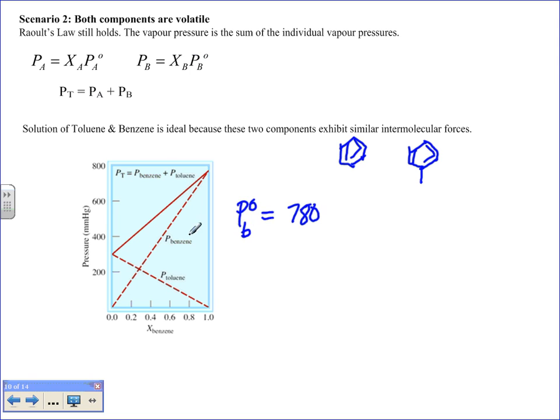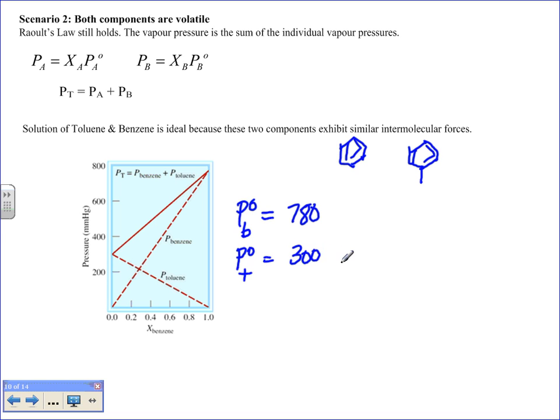When we look at a solution that has no benzene in it, so it's purely toluene, the partial pressure and the total pressure are the same as that of the vapor pressure of toluene, which is approximately 300.